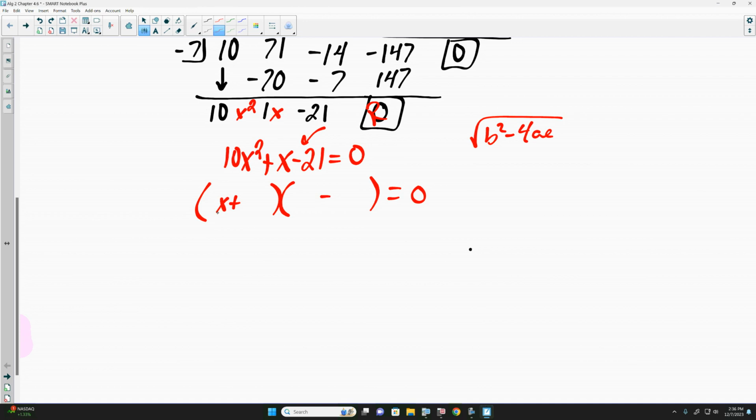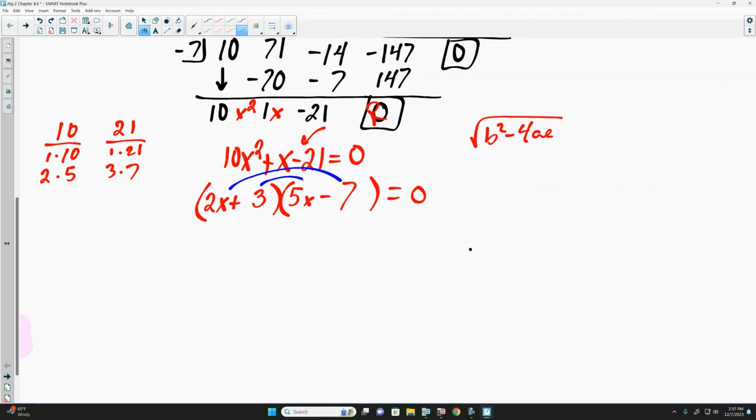Factors of our x squared are x and x. Now factors of 10 are 1 and 10 or 2 and 5. Which one do we want to use first? We're going to do 2 and 5. 21: 1 and 21 or 3 and 7? Let's go 3 and 7.